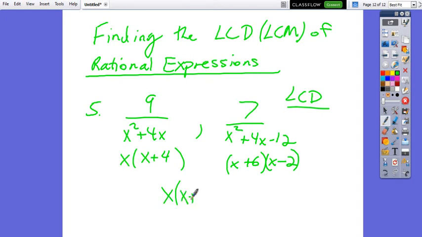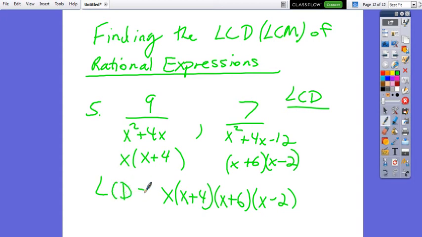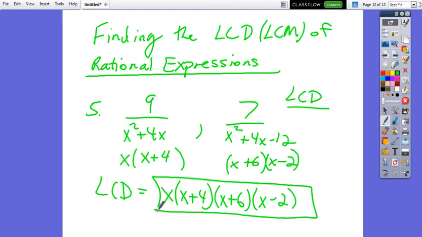If it's present, you have to include it. The same goes for x plus 6 and x minus 2. They only occur one time, but that one time is enough for us to have to write it down. So our LCD is long. It's got 4 factors, but that's it. All of that is the LCD.